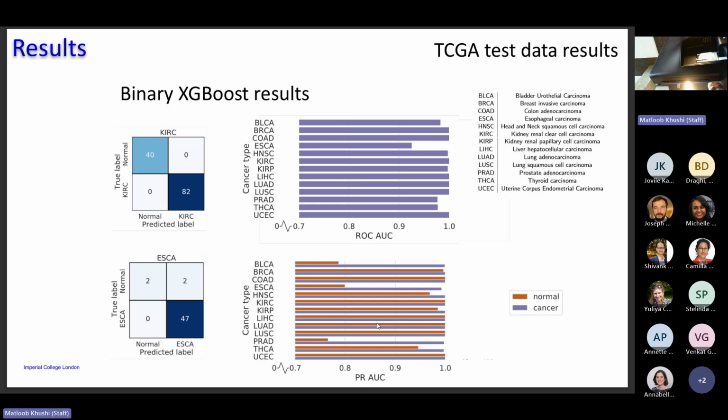There's a reason why some of the precision recall curve data is bad, and it's to do with the lack of normal samples. And there were adenomas, which I'll go into later on. So these are the XGBoost results.